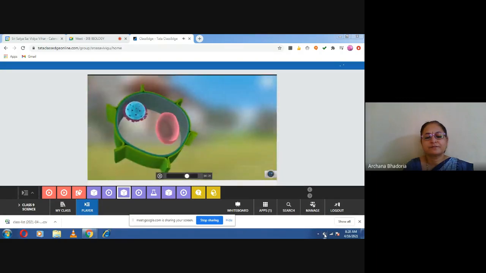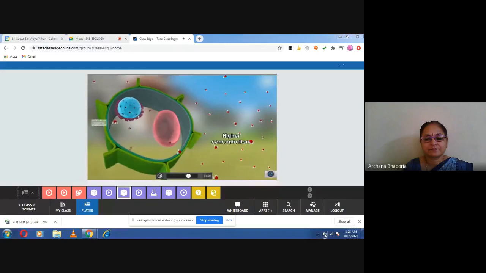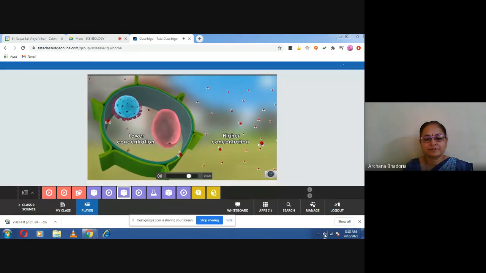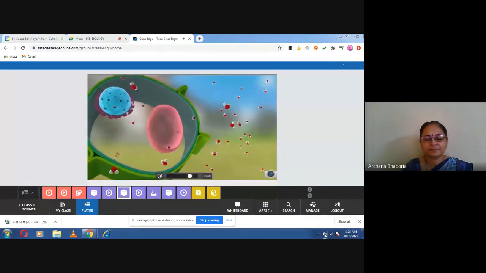In plant cells, the process of osmosis may cause either turgidity or plasmolysis. If a plant cell is in an environment with a higher concentration of water and a lower concentration of solute than what is in the cytoplasm, then water from outside will move into the cell through this process of osmosis.